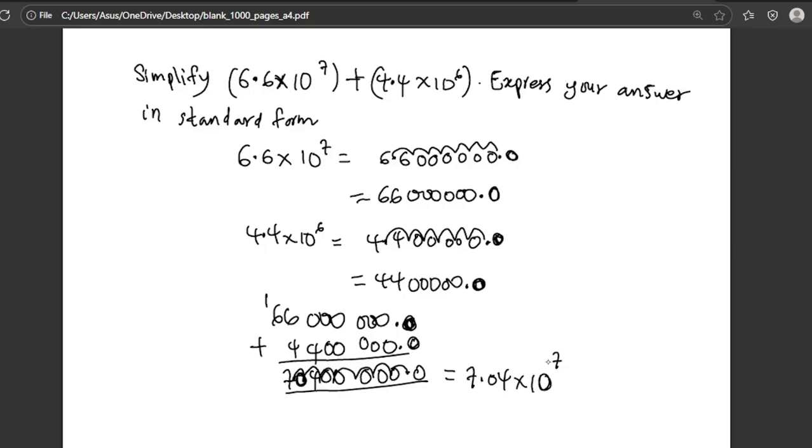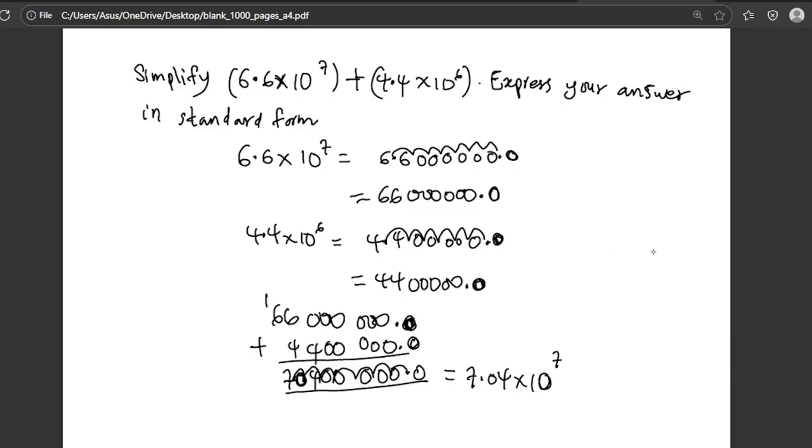Why did I make the power here positive? That's because the number I converted is greater than 1. That's what makes the power positive. Why is it 7? Because I moved the decimal point to the left 7 times. Someone might ask why I didn't stop after 6.